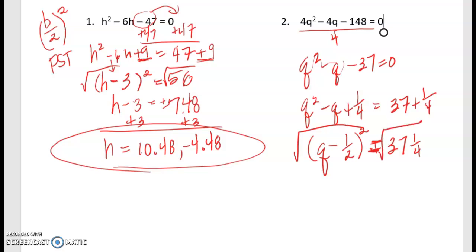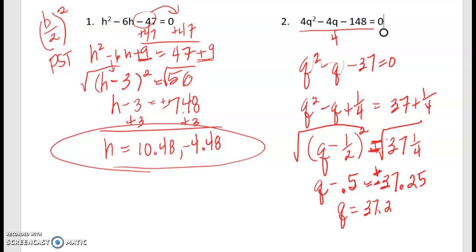At this point, I'll probably go to the decimal. So I'll say q minus 0.5 is equal to the square root of 37.25. When you square root that, remember you get the positive and the negative value. You want both roots.